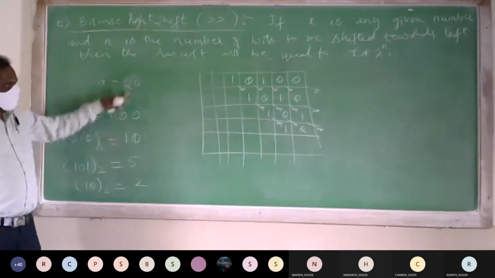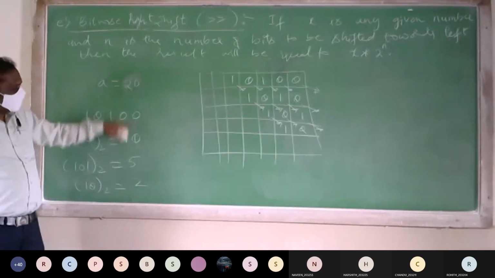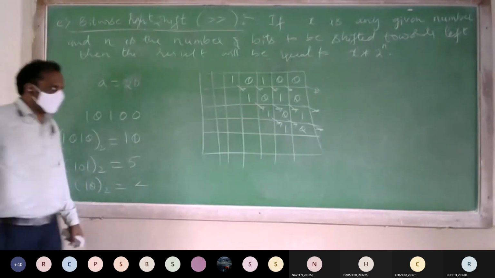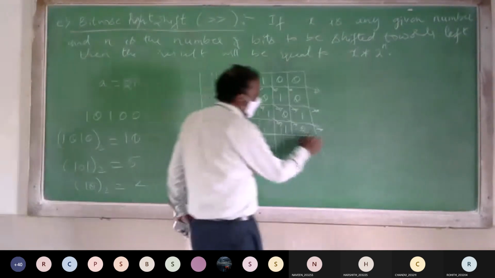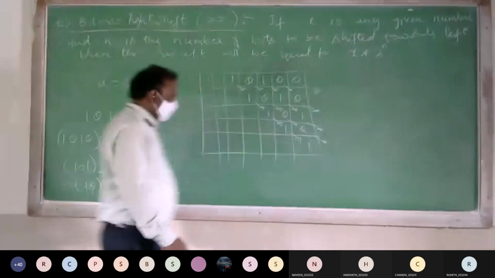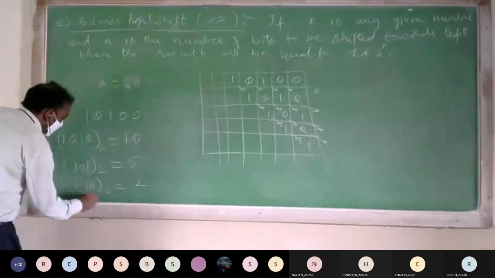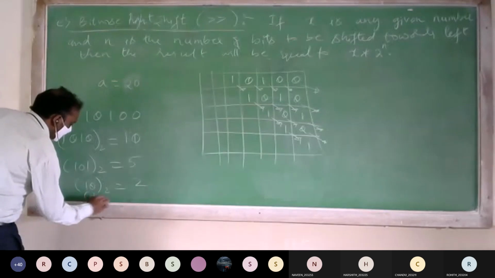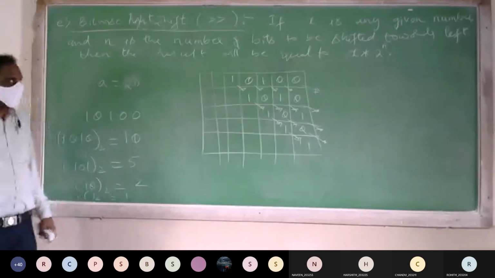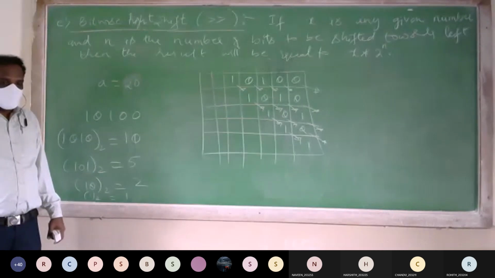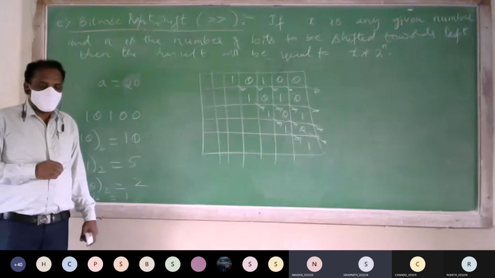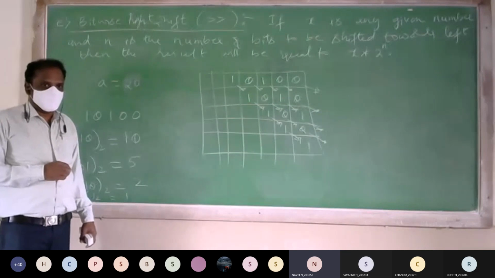Now, can you tell the general formula? 20 has become 10, 10 has become 5, 5 has become 2, 2 will become 1. If you shift one more time, this 0 will go outside, this 1 will come here. The decimal value of 1 is 1. Can you tell the general formula? X divided by 2 power n.